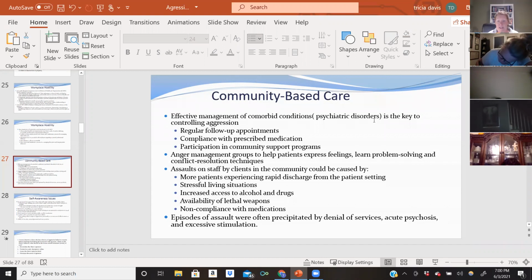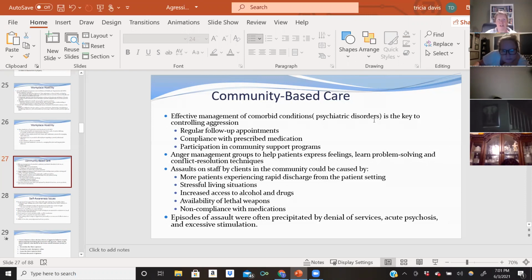When we do see assaults that happen to staff members by clients in the community, usually it is caused by hospitals, not just your ERs or your regular hospitals, but your mental health institutions, discharging the patients much sooner than they should be.